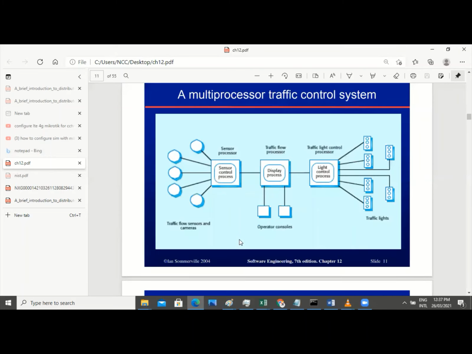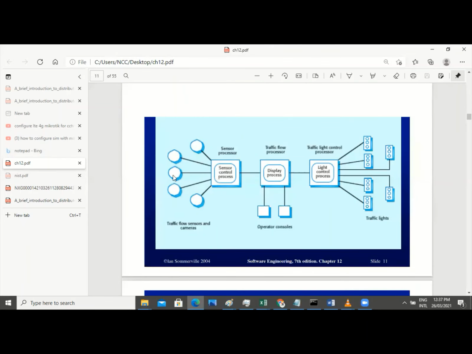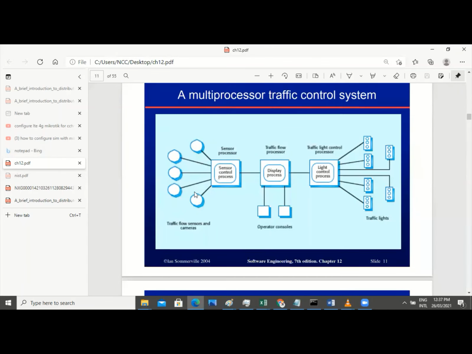We are going to see briefly, take for example, the way traffic lights are controlled. You can see that in this place we have different sensors taking the traffic and the speed of the vehicles, getting input from the environment.